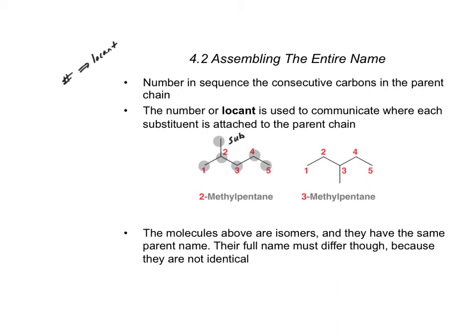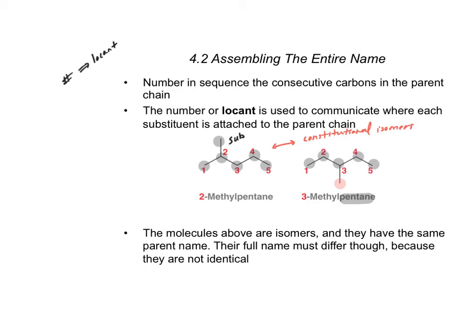Again, we have a parent chain of 1, 2, 3, 4, 5, so a parent chain of pentane. And again, we have a methyl group coming off as a substituent, okay? So these guys are constitutional isomers. Both of them have the same molecular formula. But they are not the same compound, right?